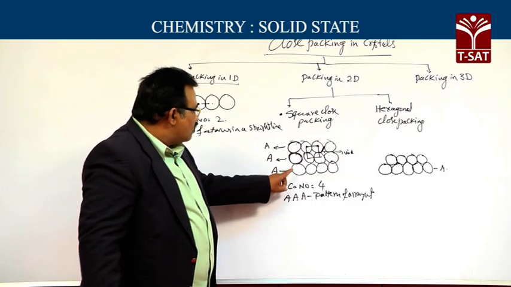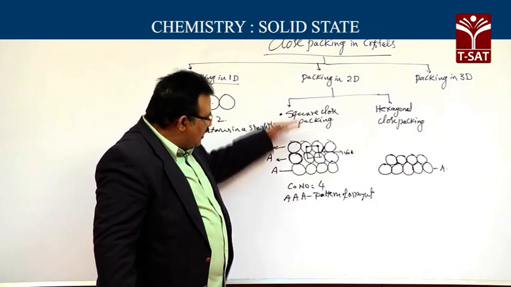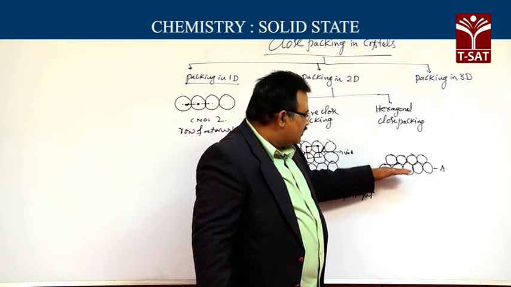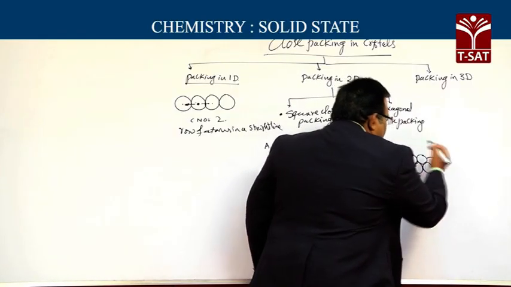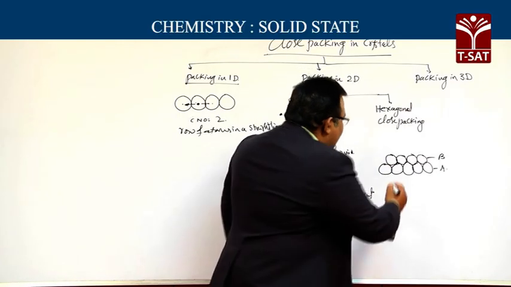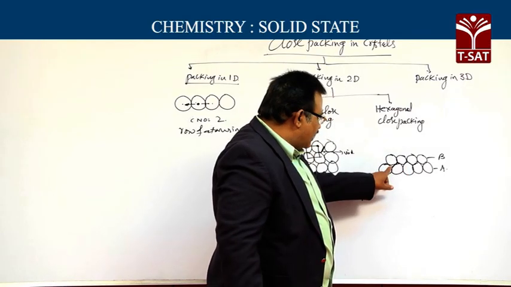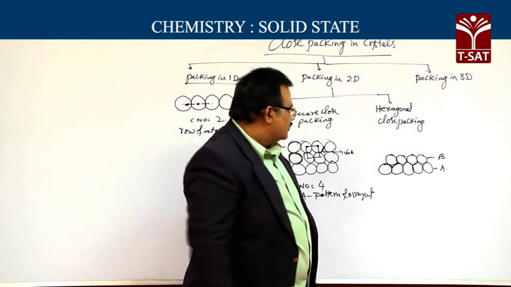Here, in square close packing, layers are vertically arranged, whereas in hexagonal close packing, this is the second layer B. In the first layer depressions, second layer spheres are packed.